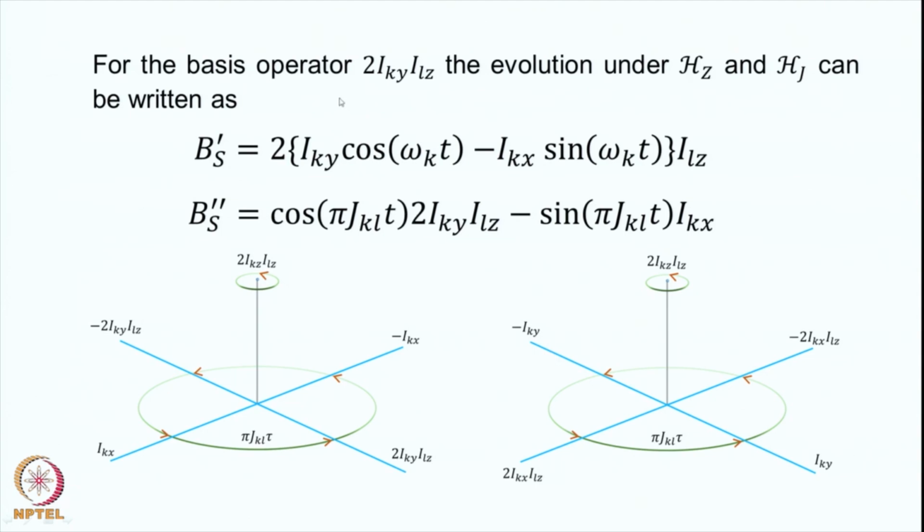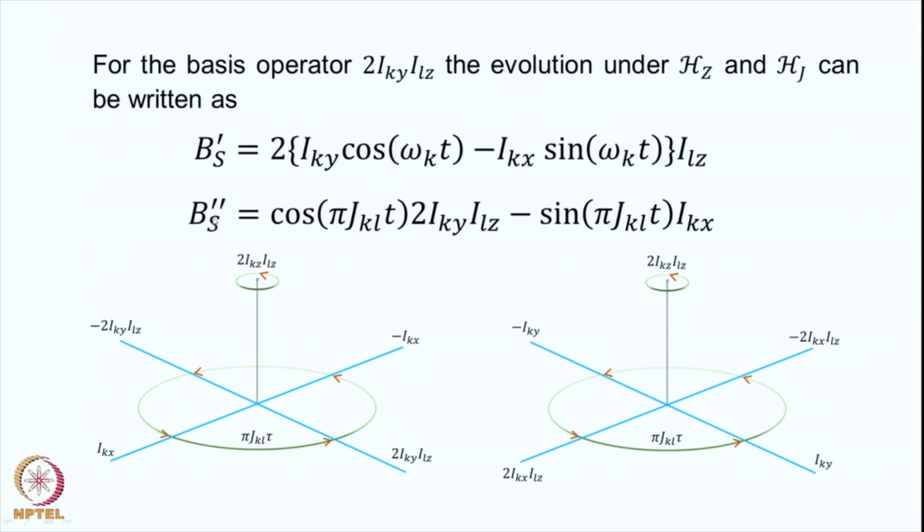So similarly I can write the same kind of expressions for 2 Iky Ilz under the influence of Hz and Hj. So Bs prime here gives me the same evolution of Iky as the individual chemical shift evolution, and Ilz remains here.